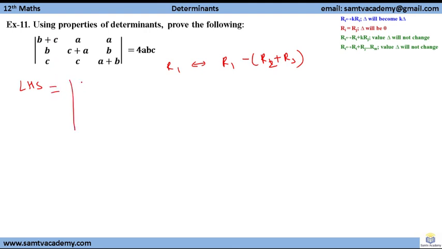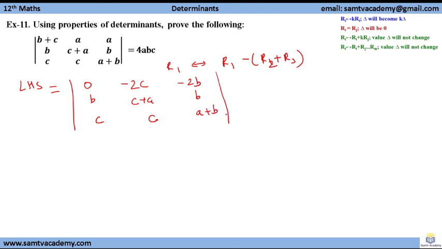So first step is 0 here, 2C plus A minus this, so here it is minus 2C. Similarly here you are left with minus 2B, and these two rows will be written as it is, C plus A, B, C, C, A plus B.